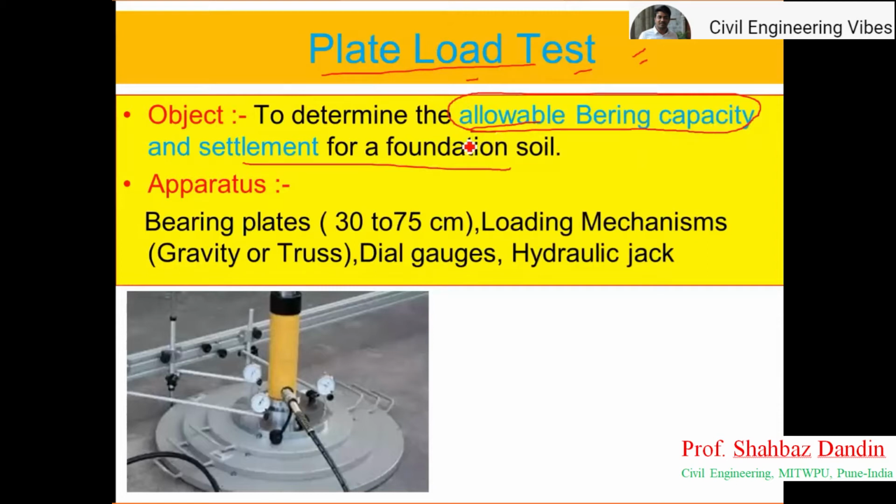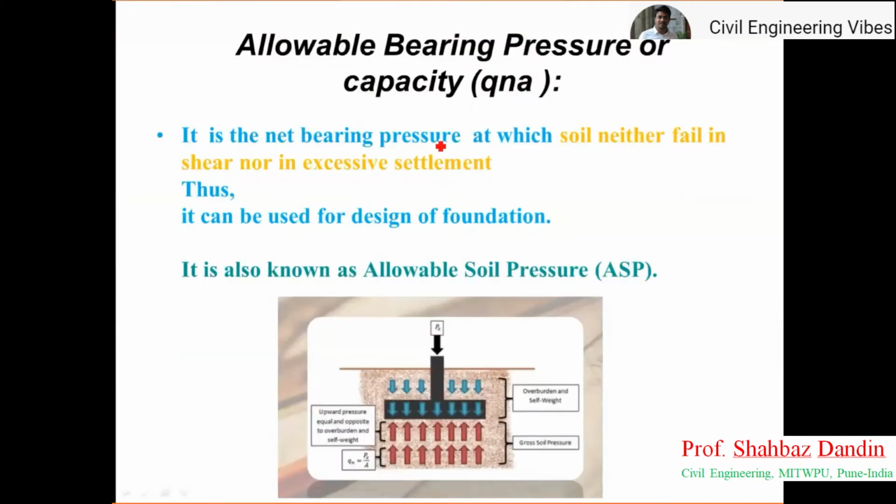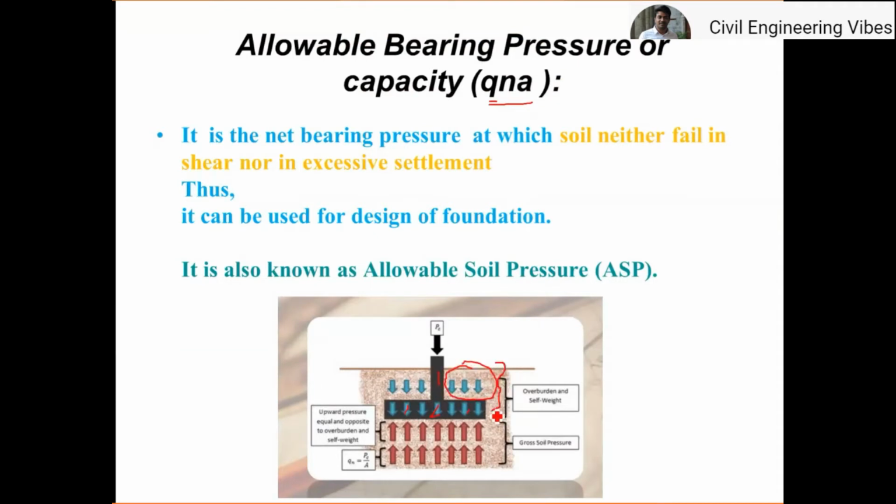Firstly, we need to understand what allowable bearing capacity is. With the basic terminology in the introductory part, we have heard about QNA. Q signifies gross pressure intensity: structural load, self-weight of the foundation, and overburden pressure. This cumulative value comes under Q. QNA is the net pressure, where we reduce the overburden pressure from the gross pressure Q. QNA is the net allowable gross pressure.